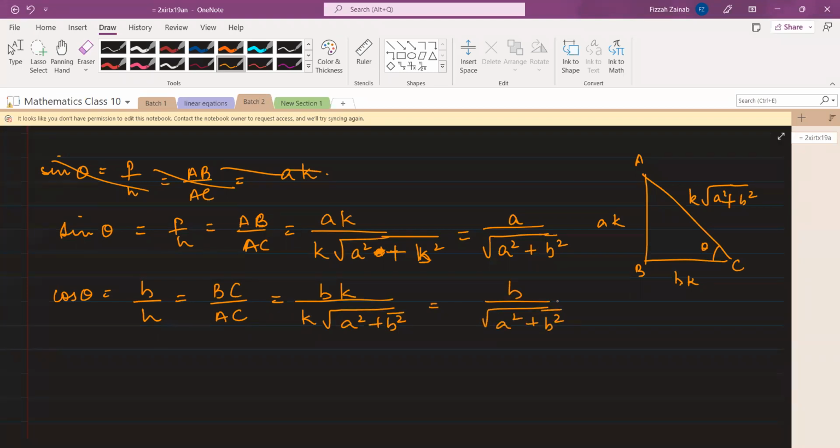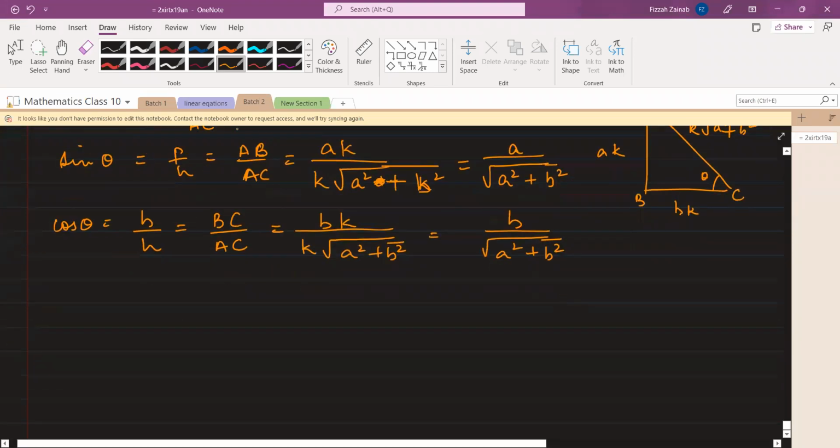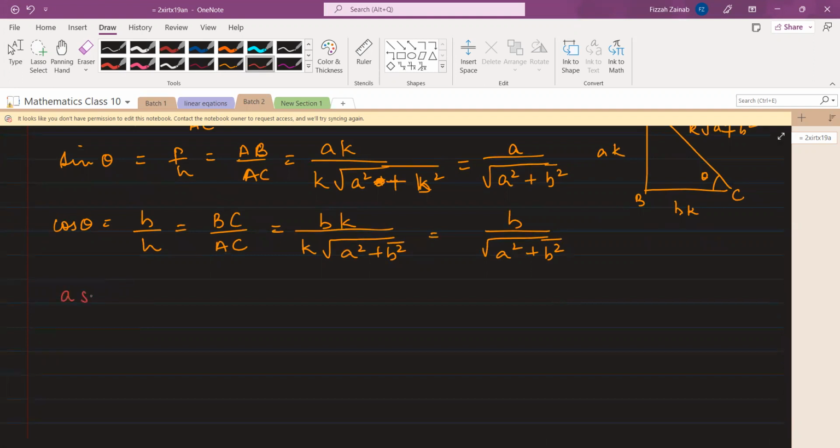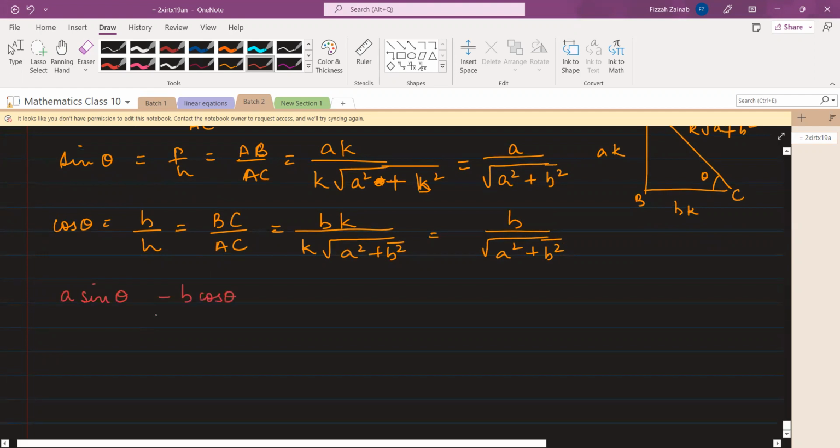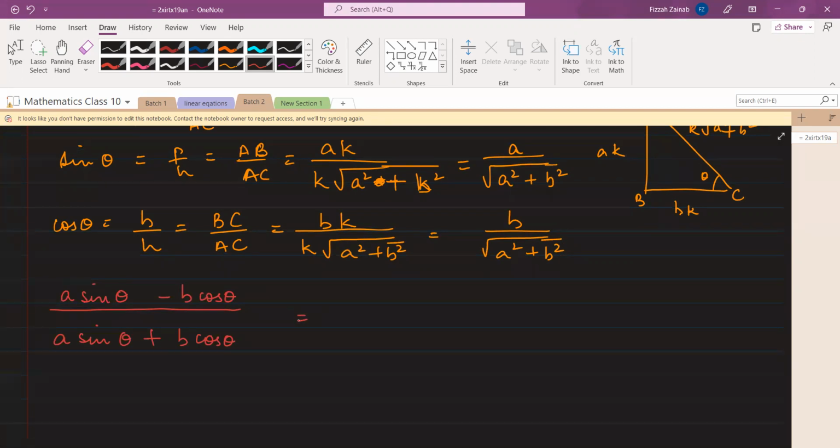So sine and cos you require. Now we put it here. What was that? A sine theta minus B cos theta, and then divided by A sine theta plus B cos theta. Okay, now you put it here.